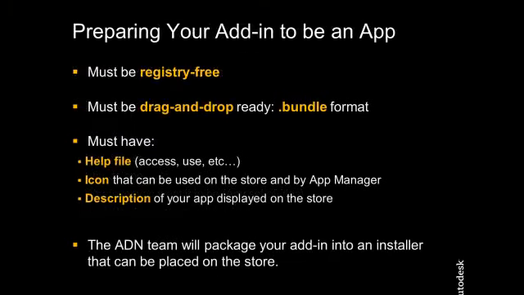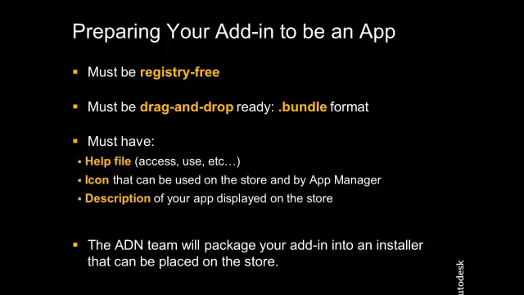So how do you prepare your add-in to be an app? First of all, the add-in must be registry free. Then it must be drag and drop ready. That means it must be conformed to the bundle format I'm going to talk in a second. It must have help files that illustrate how to use the application and that describes what the application is doing, an icon that can be placed on the store and in the Inventor App Manager, and as well a good description on your application that will be placed on the store for the users.